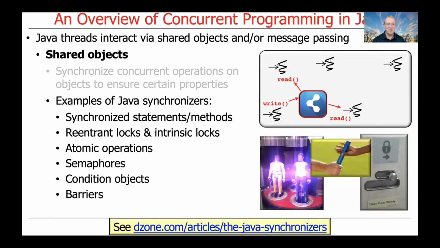Speaking of which, there's a number of different Java synchronizers, quite a number, in fact, probably about a dozen or so, but here's a general overview of them. There are things like synchronized methods and synchronized statements, which come from the early forms of Java where they had the synchronized keyword.